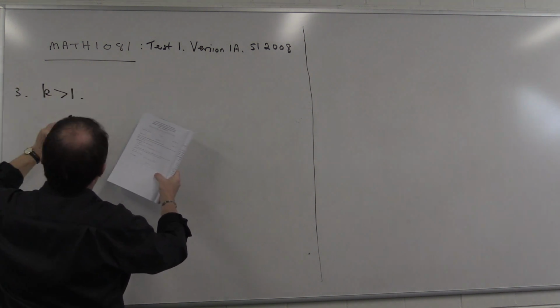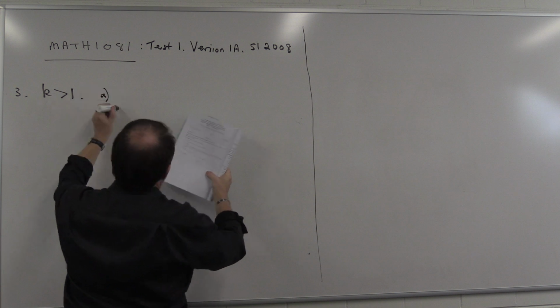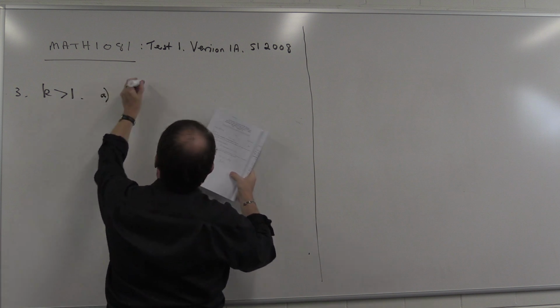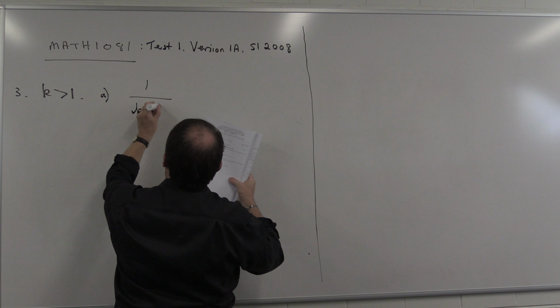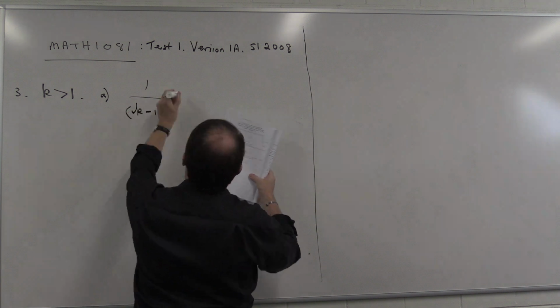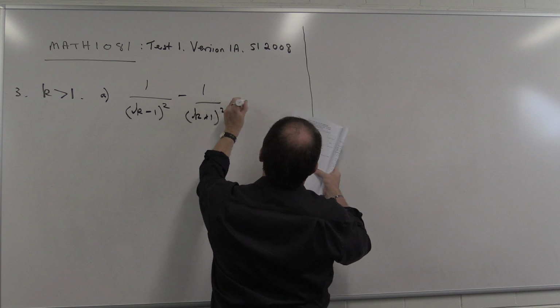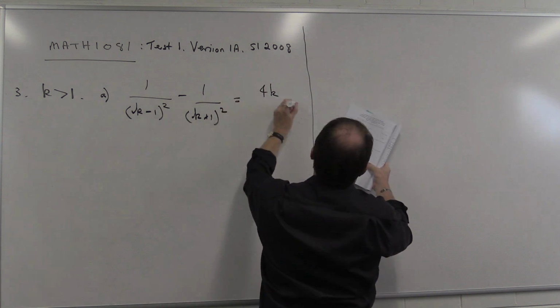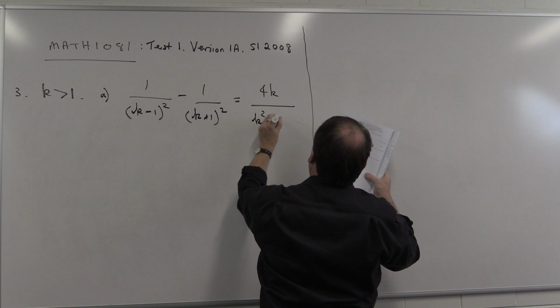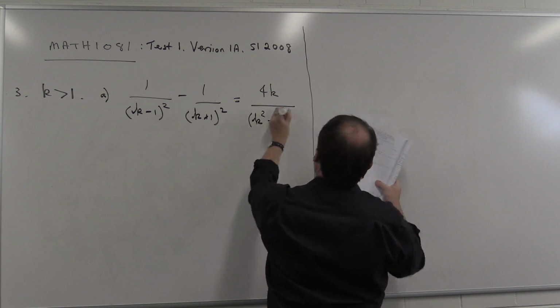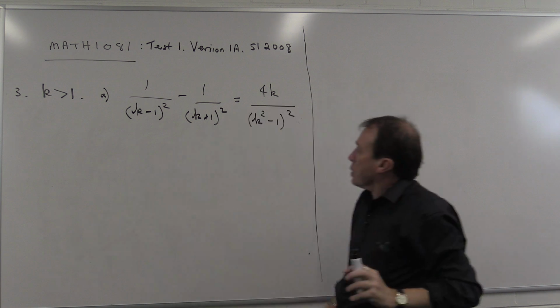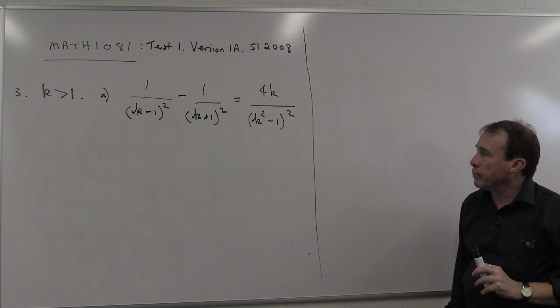So k is bigger than 1. The first part is easy. It says we want to show that 1 over k minus 1 squared minus 1 on k plus 1 squared is equal to 4k divided by k squared minus 1 all squared. So that's an easy bit of algebra.